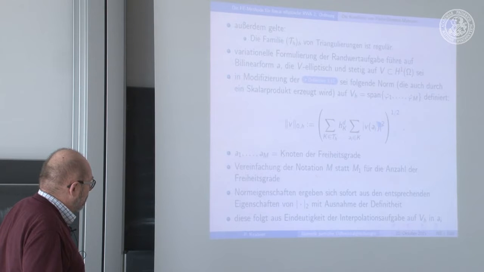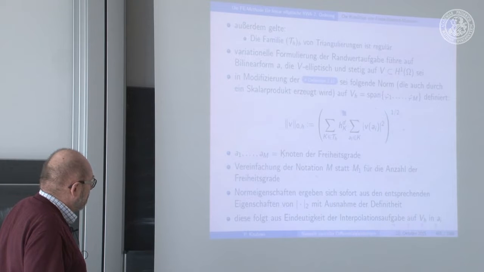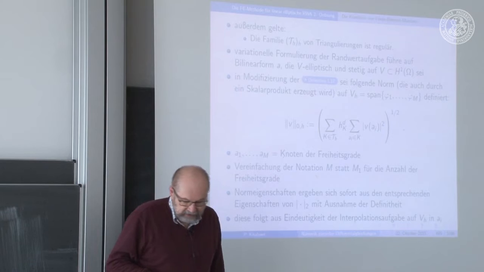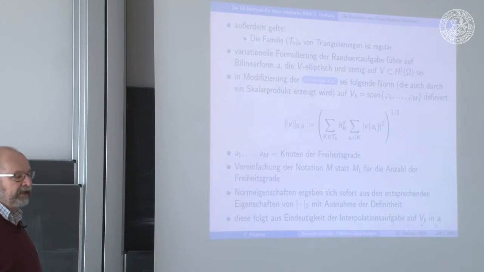We take the squares of the values there, multiply with d_K to the d, sum over all the elements, and take the square root. So it's quite similar to what we did in the beginning, discussing the finite difference method, where we had a similar norm, which we call discrete L2 norm.